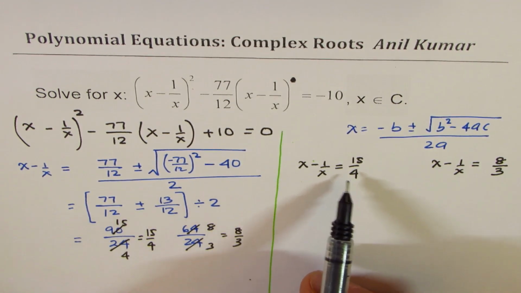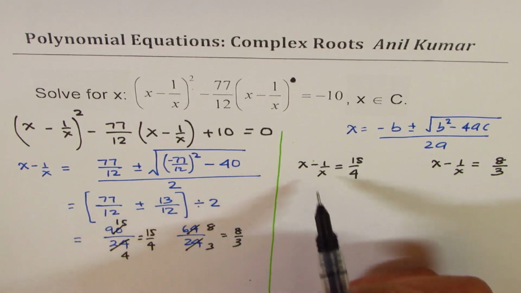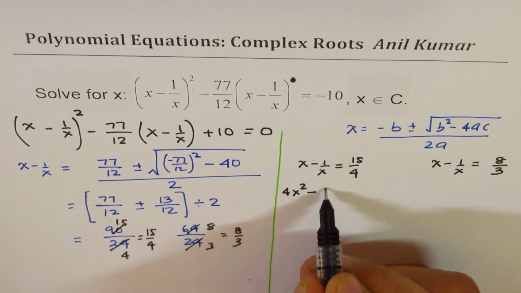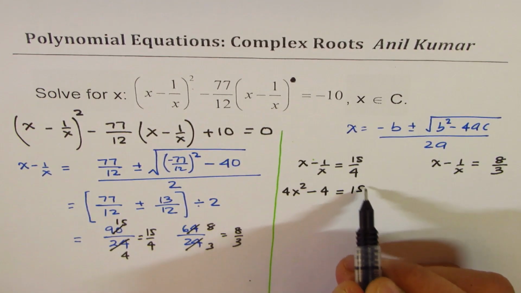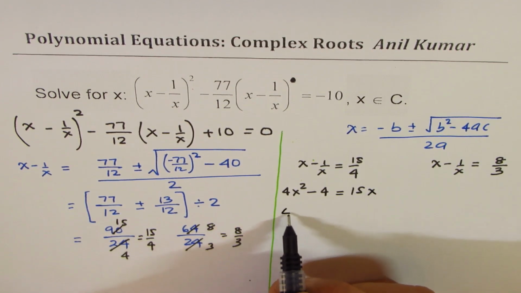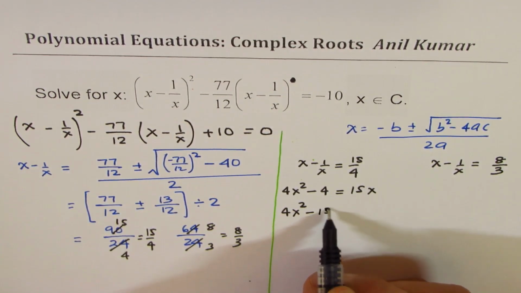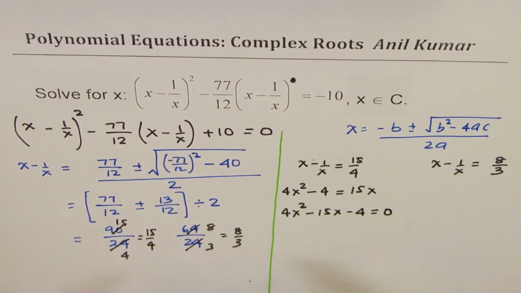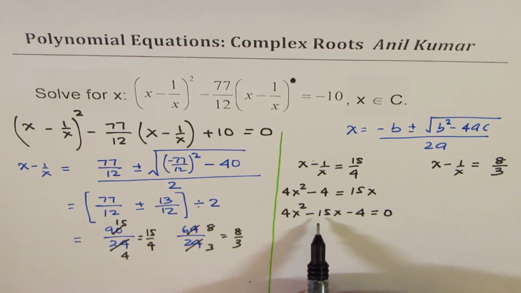So now we can actually solve these equations separately. Multiplying each term by 4x, we get 4x squared minus 4 equals 15x. Bringing them together, 4x squared minus 15x minus 4 equals 0. Now 4 times 4 is 16, minus 16, so it could be factored.